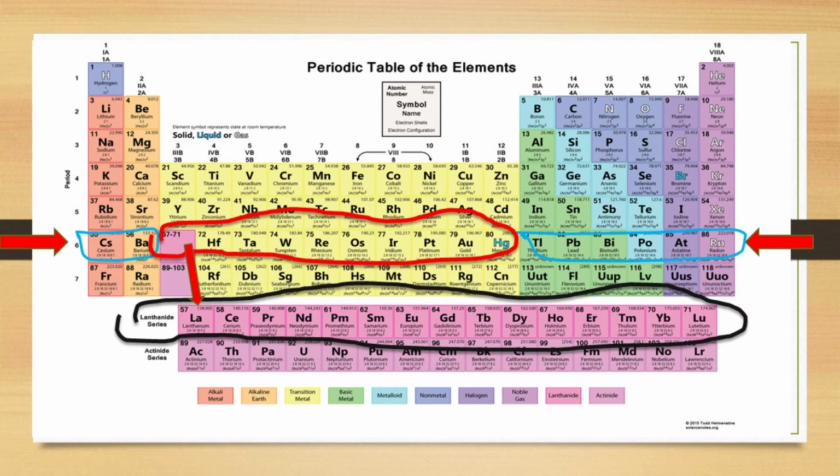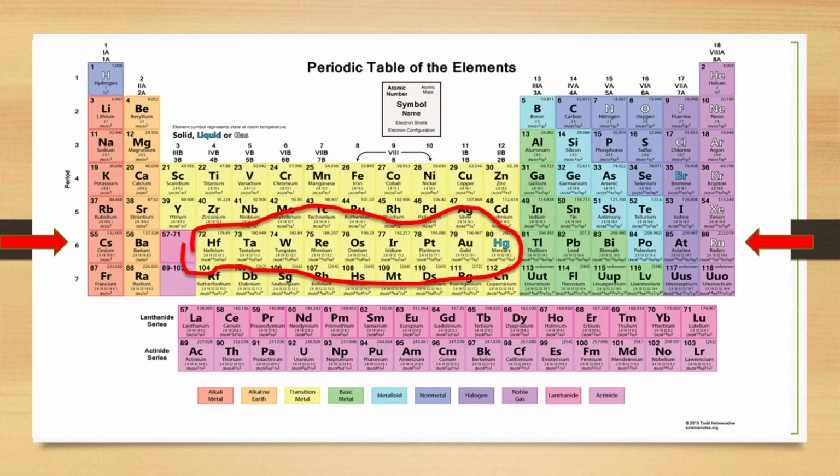Then the sixth period. This is the longest period with 32 elements. This period contains 8 normal elements, 10 transition elements and 14 inner transition elements. What is a transition element? We have learnt about normal elements, isn't it? Now what is a transition element?